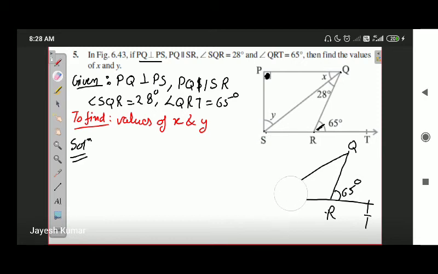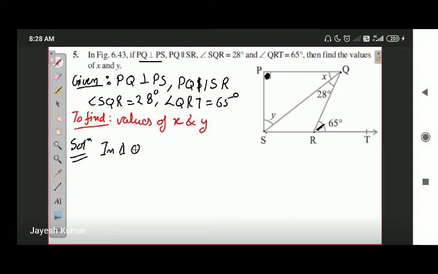So we'll do accordingly. We will start with, in triangle QRS, what is happening in QRS? Angle QRT should be equal to angle RQS, that is 28 degree, plus angle RSQ, that is this angle. Okay. Why so?